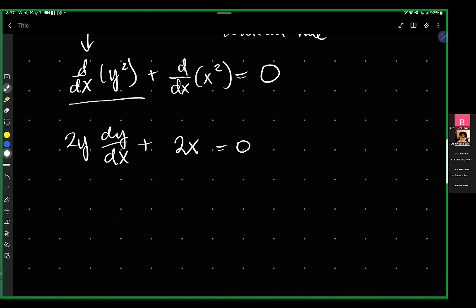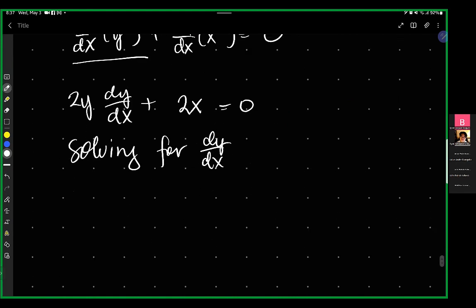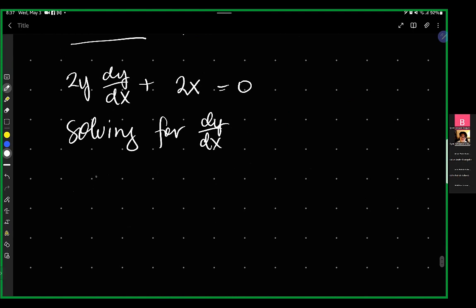And then solving, the last step always is solving for dy dx because you're looking for the derivative of y with respect to x. So the answer will be dy dx equals negative 2x over 2y. Or basically, it's negative x over y.